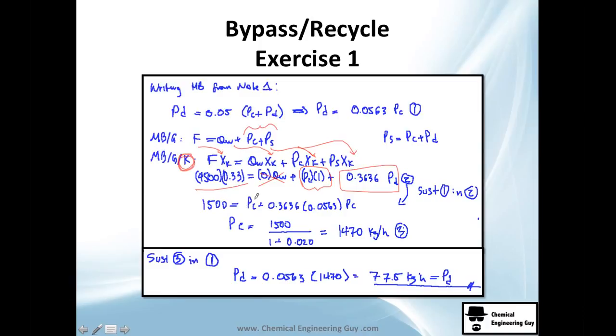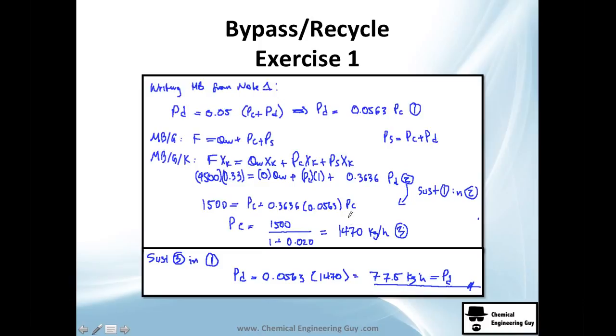Now, we're going to substitute 1 in 2, which is this here. It's going to come here, which is exactly what I am doing. 1500, this is this. PC is here. This strange number comes from here. And PD, I'm telling you, is this. So we just insert this here and solve.